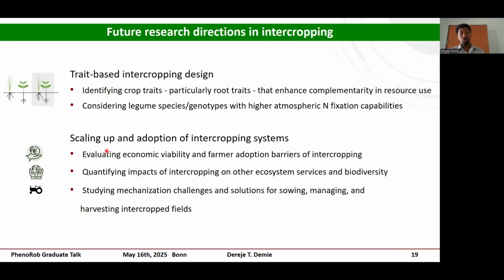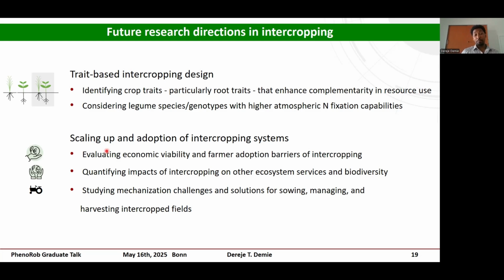My PhD work also identified some research gaps which have to be tackled in the future. First of all, identifying crop traits, particularly root traits, that enhance complementarity in resource use efficiency is worthwhile. It's also important to consider legume species or genotypes with higher atmospheric nitrogen fixation capabilities to further reduce nitrogen input.